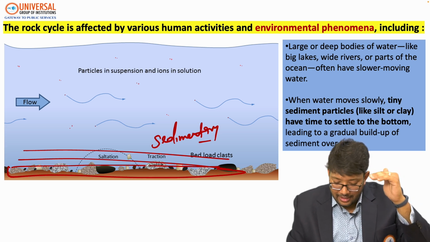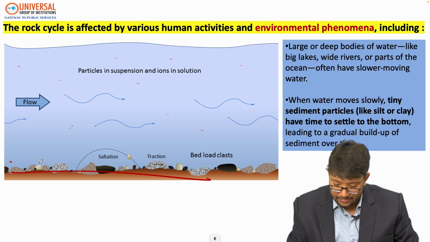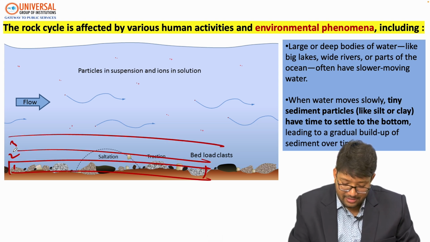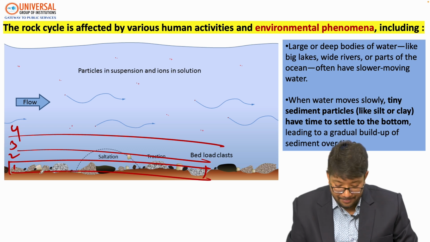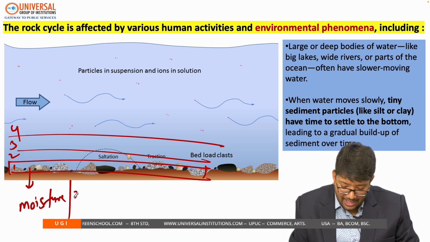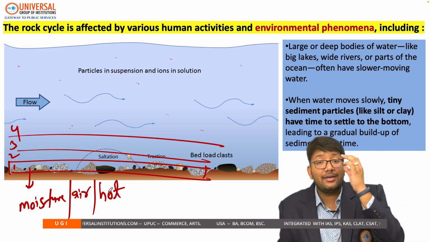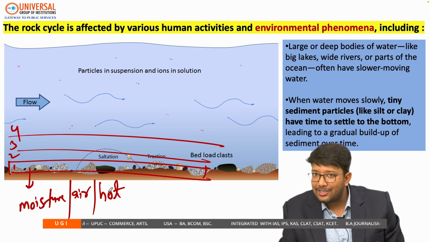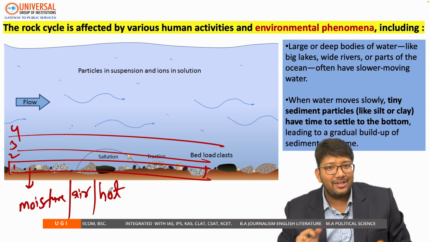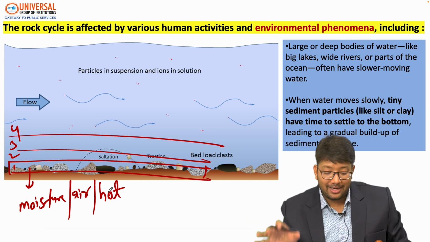If this is the first layer, this is the second layer, this is the third, this is the fourth, after some time what will happen? This first layer will lose its moisture and air, it will become hot, and this is how sedimentary rocks are formed from igneous rocks. Don't you think it impacted the rock cycle? So we are reading about how these environmental phenomena are impacting our rock cycle.